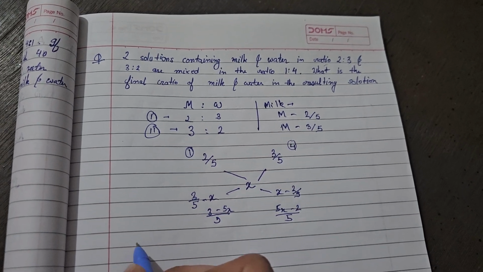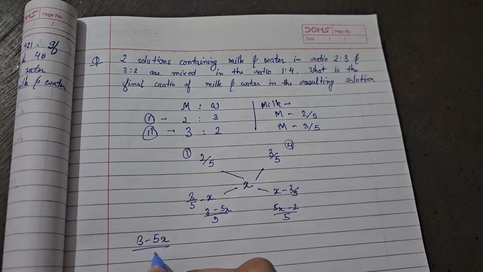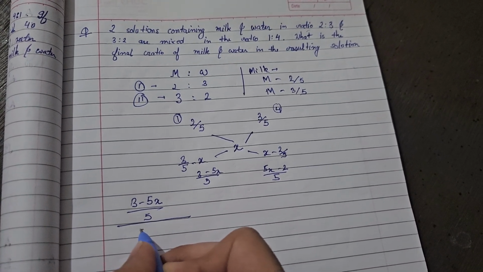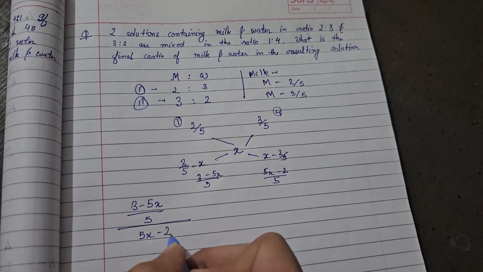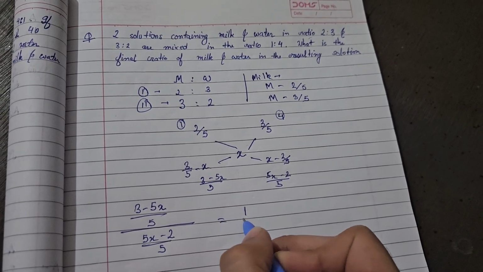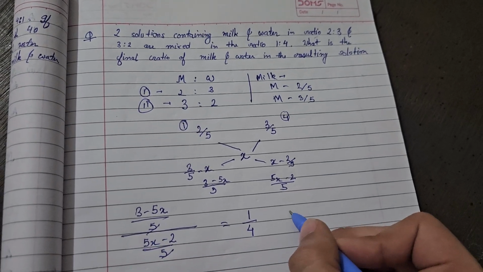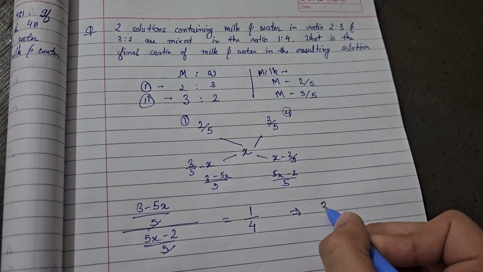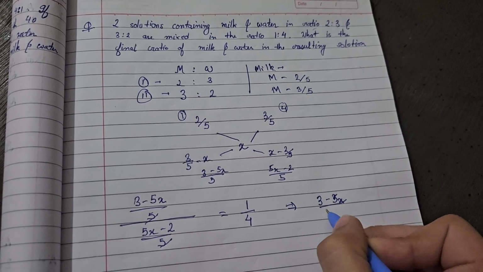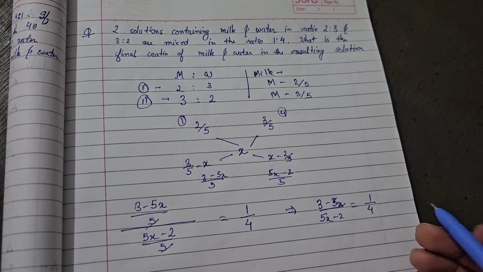So I can write (3 minus 5x upon 5) whole divided by (5x minus 2 by 5) is equal to 1 by 4, right? This 5 and this 5 get cancelled. We get (3 minus 5x) upon (5x minus 2) is equal to 1 by 4.